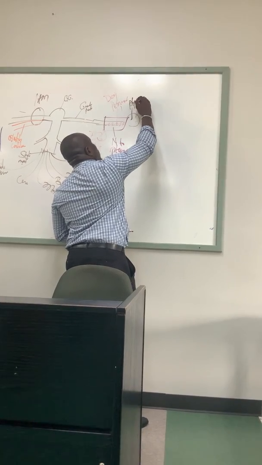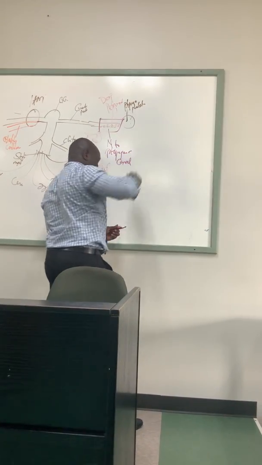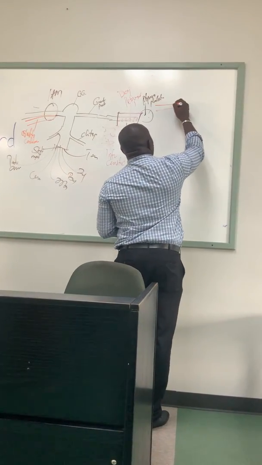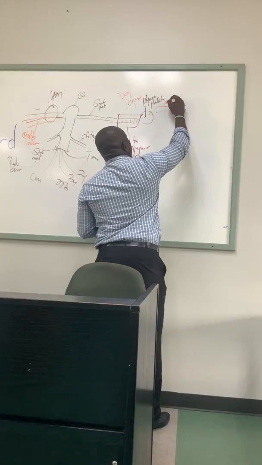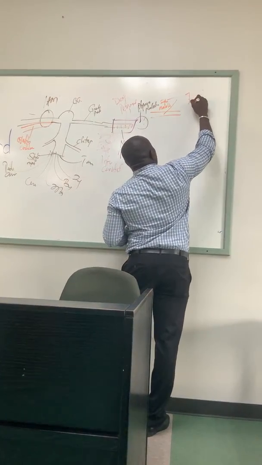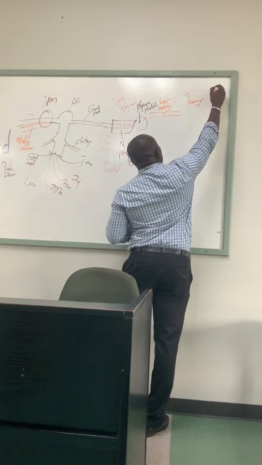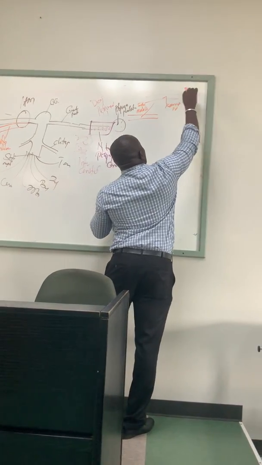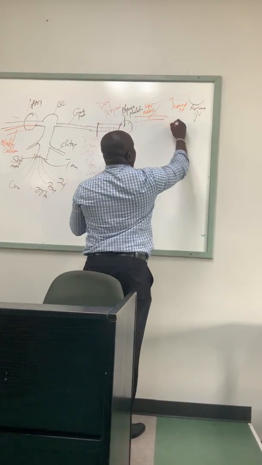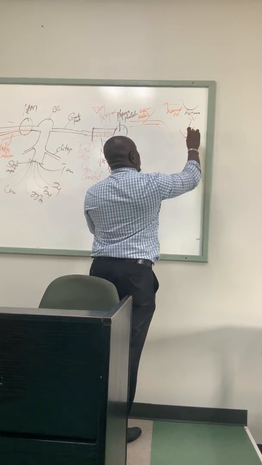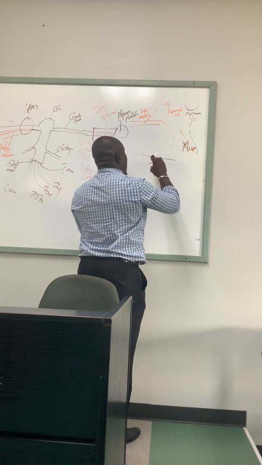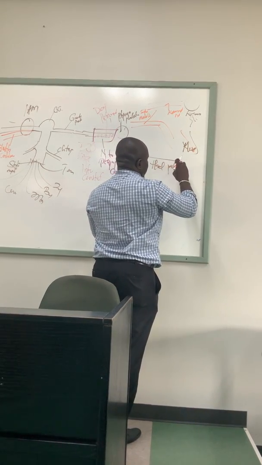Once it synapses there, it's carried by the zygomatic branch of the maxillary nerve, which is now carried to my lacrimal nerve, which is carried to my lacrimal gland. That zygomatic branch will carry the rest of it to my nose and my hard palate.